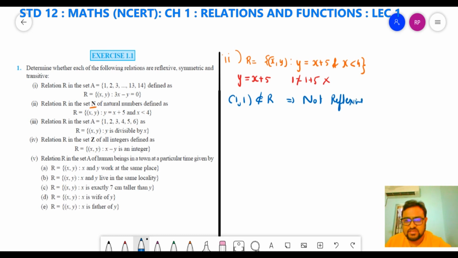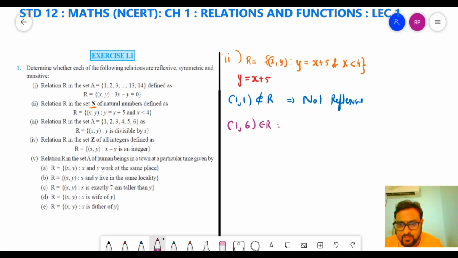Okay. Now let's see for the second one, symmetric. I should select first any ordered pair that belongs. So let's take x as 1. Then 1 plus 5 will be equal to 6, right? So (1, 6) belongs to R, right?